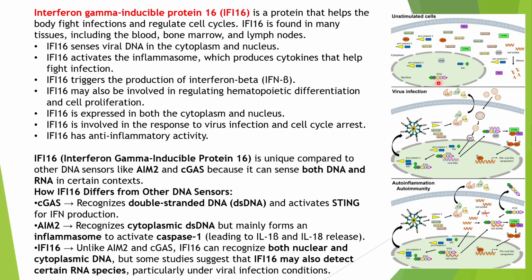It is present generally in the nucleus in your healthy cells, and in case of stimulation then it translocates, and you can see it in both nucleus and outside the nucleus in cytosol. Then it starts interacting with other partners, and it operates via again your STING and your IRF pathways. So how is this unique from other DNA sensors?